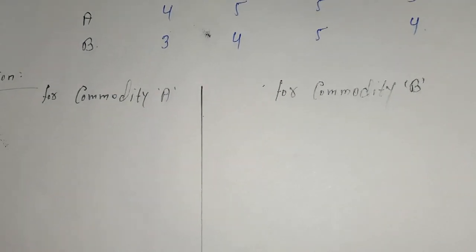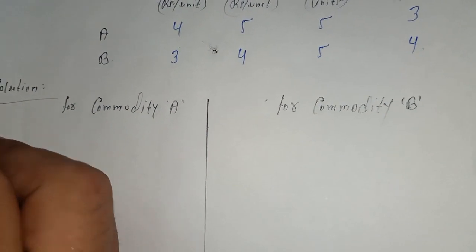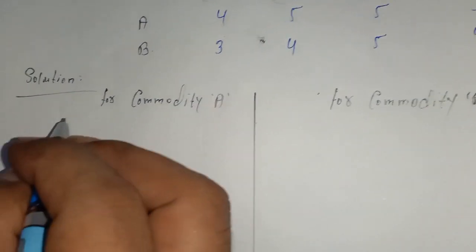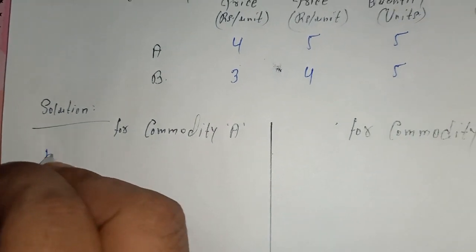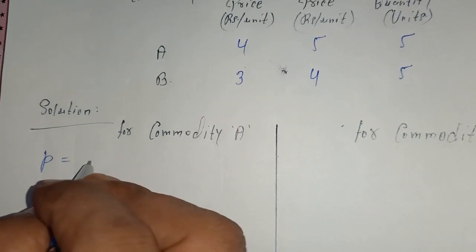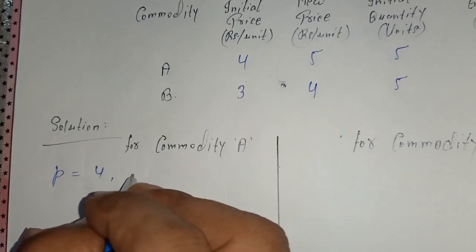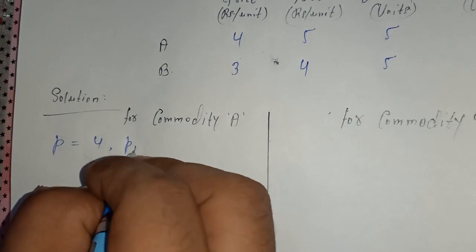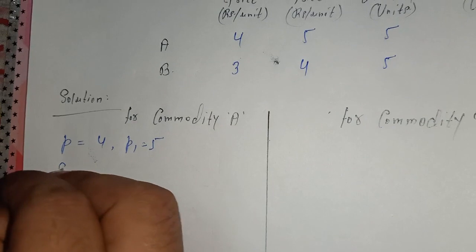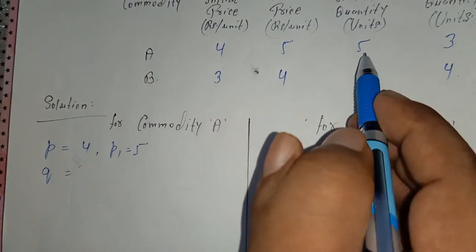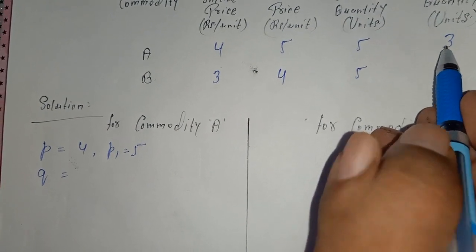So let us come to the numerical for commodity A. For commodity A, P is given 4, P1 is equal to 5, Q is equal to 5 and Q1 is equal to 3.